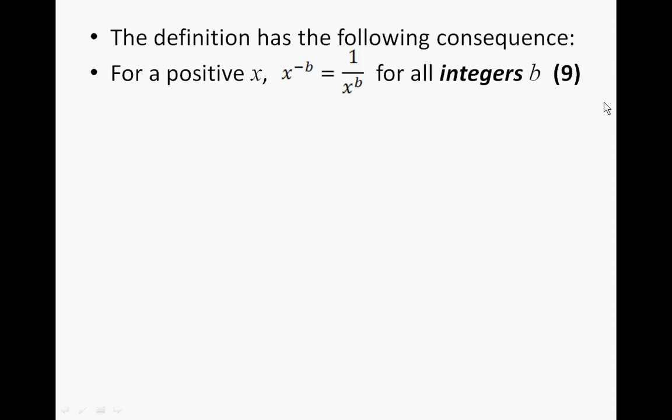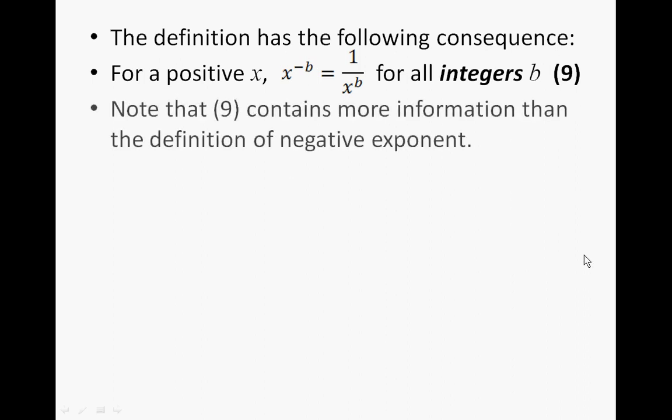Make sure you include that on your index card because we'll be referring back to this. So this contains more information than just the definition of a negative exponent. Again, this is not x to the negative b. This is actually x raised to the opposite of b. So make sure that you remember that this doesn't mean it's going to be a negative number.